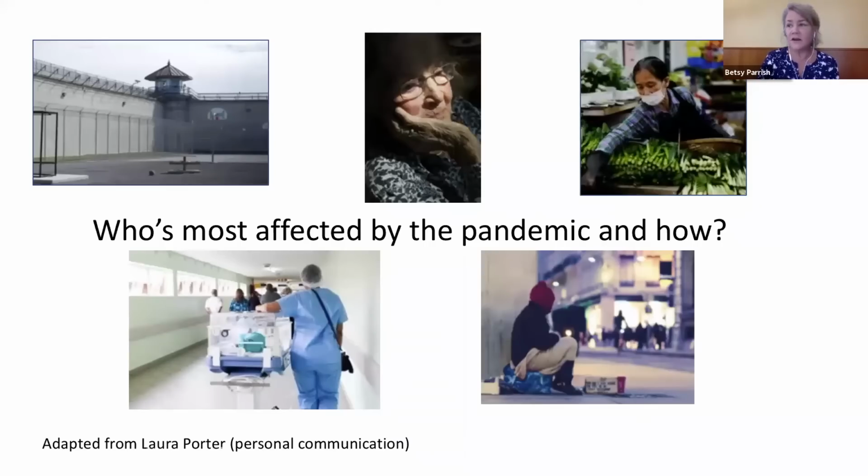So these are examples of areas where people are particularly affected. And the pandemic has revealed some of these social issues that are more profound and that have always been there, right? But the pandemic has revealed this. So we're looking at a really, really critical issue.